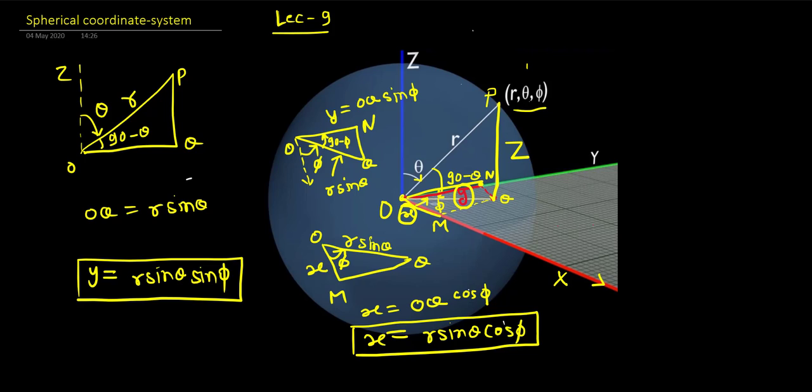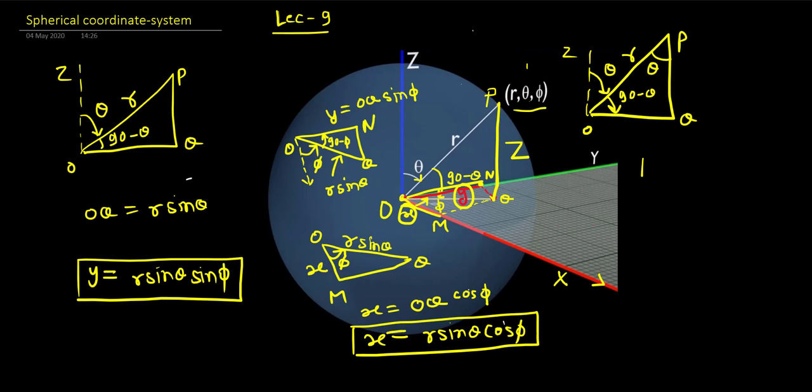Now just consider the triangle O, P and Q, and this is our angle 90 minus theta, because this is simply the z-axis and this was angle theta, and this distance OP is r, so this would be angle theta, you can consider this.